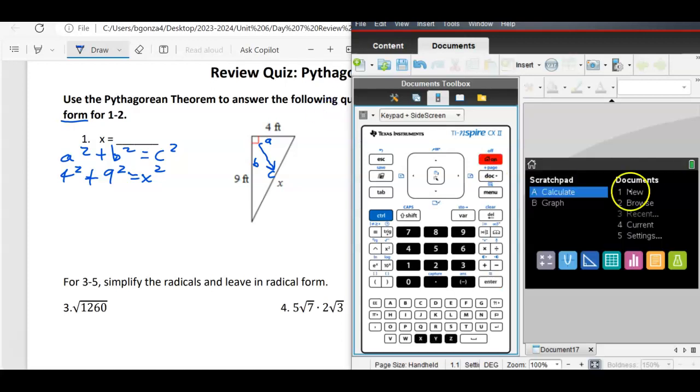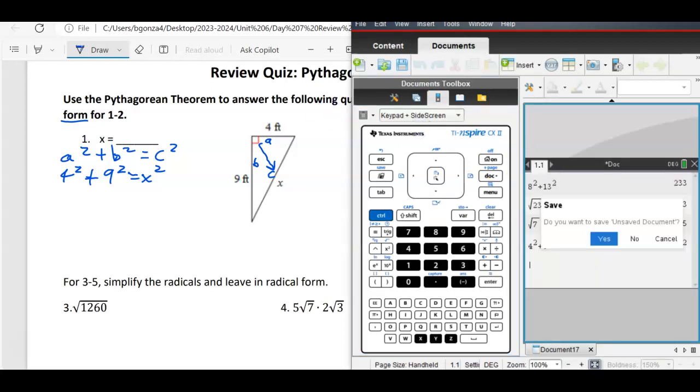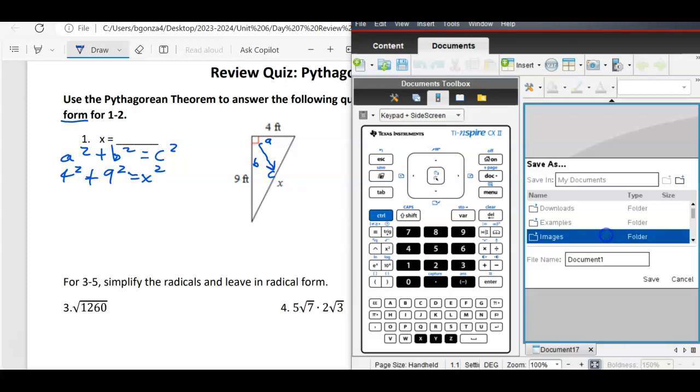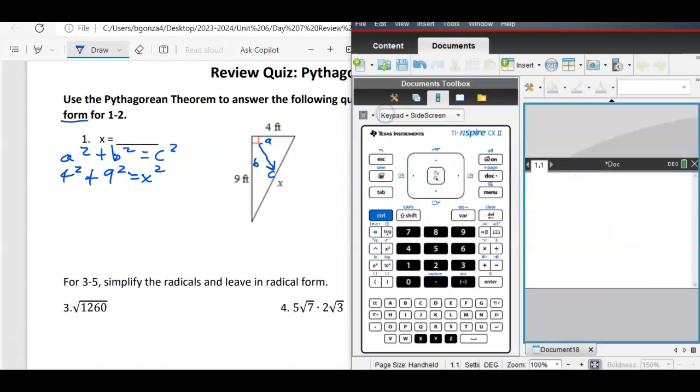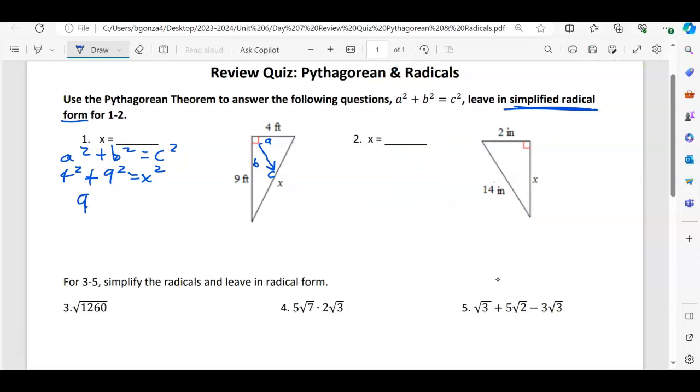Calculator can help me with the numbers. 4 squared plus 9 squared, I can do one side. So 97 equals x squared.